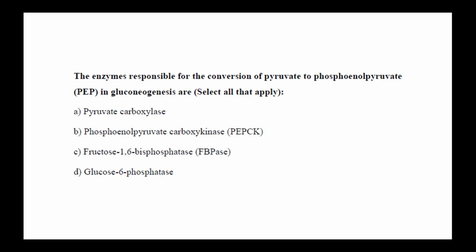The enzymes responsible for the conversion of pyruvate to phosphoenol pyruvate in gluconeogenesis are: option A, pyruvate carboxylase; option B, phosphoenol pyruvate carboxykinase; option C, fructose 1,6 bisphosphatase; and option D, glucose 6 phosphatase.